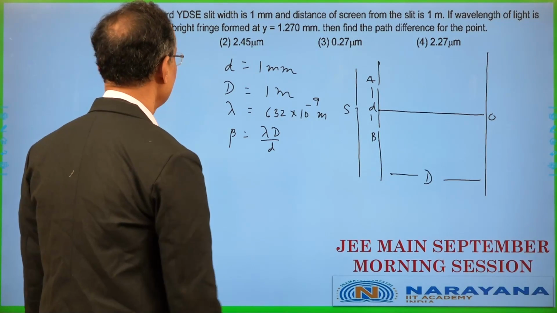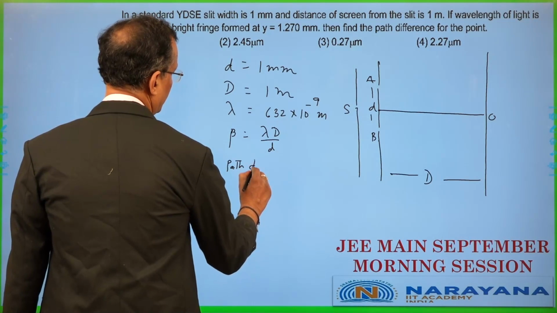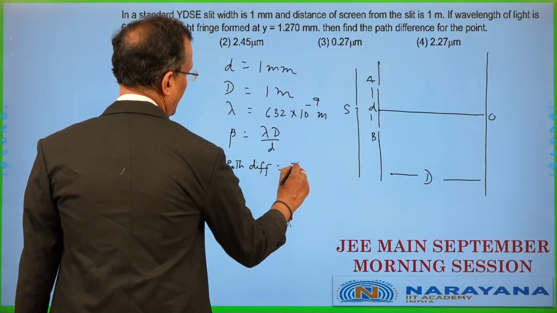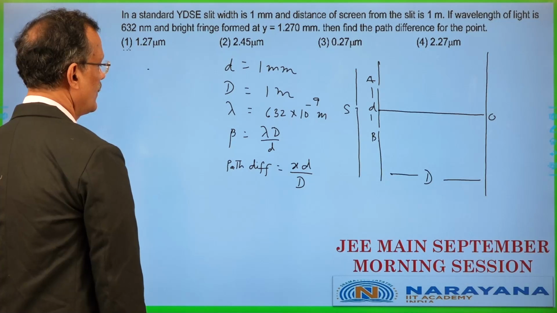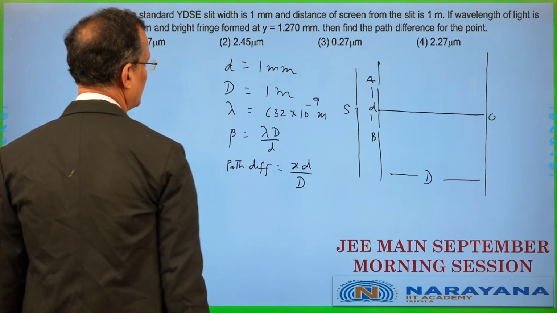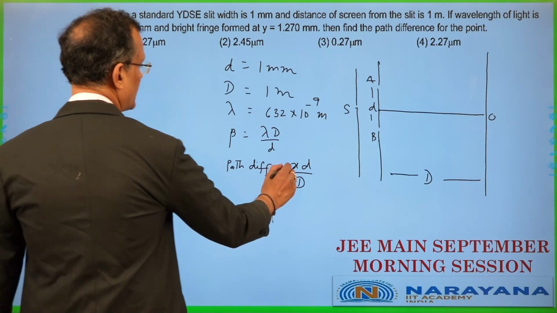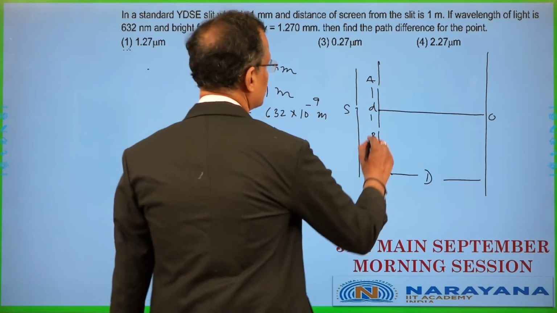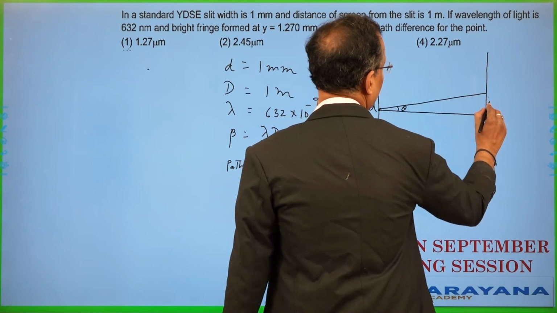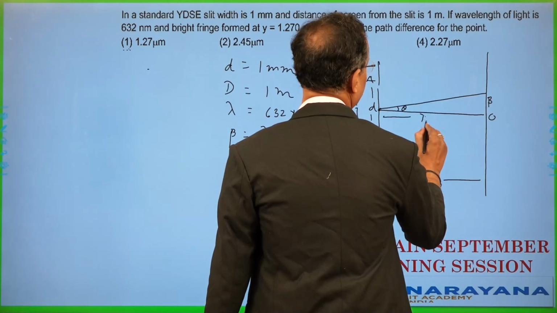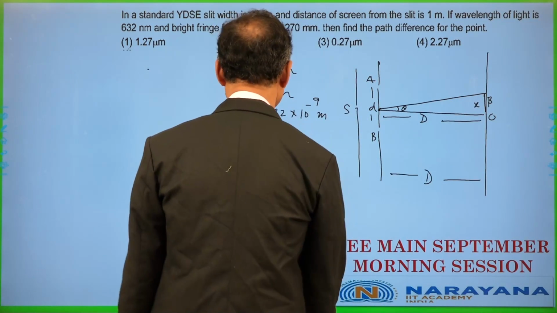If you want the path difference, my path difference is x d by D. If I take here, how much path difference am I going to get? This is the bright fringe. This angle is theta, this is capital D. So I will take this distance as x right now.